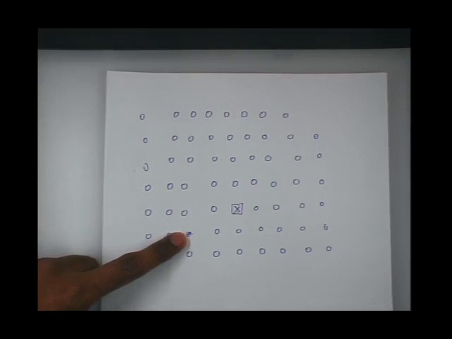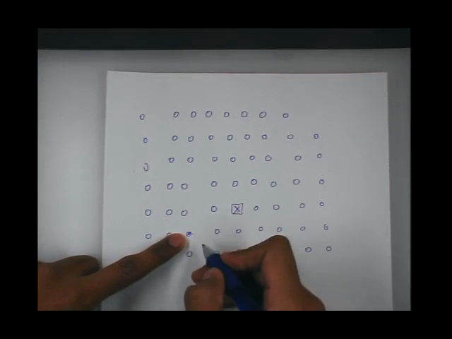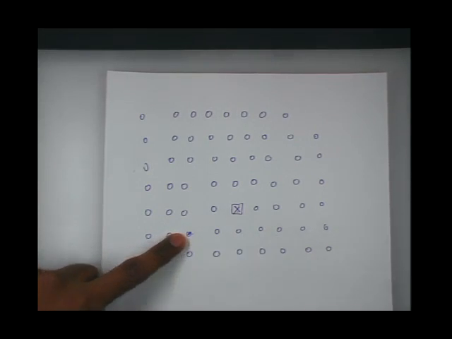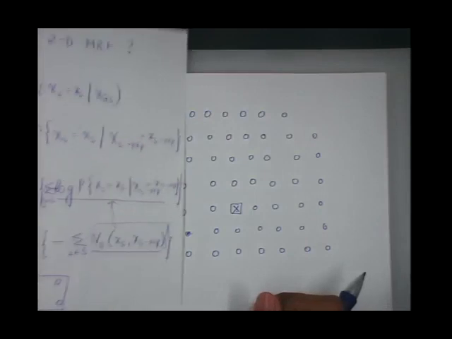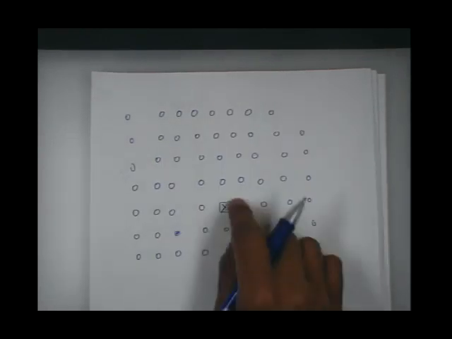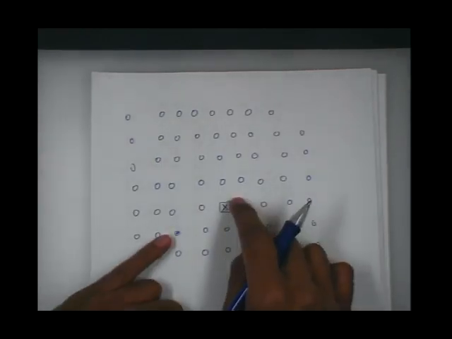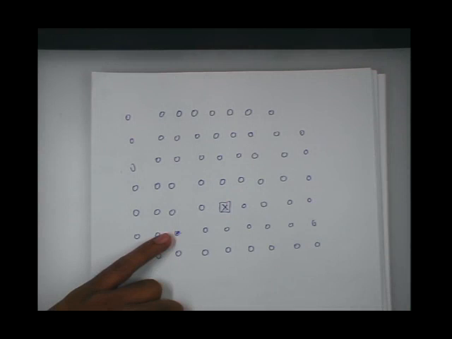No, because it depends on how you define your clique system. The cliques are defined this way. So the main question I'm asking is, given the system of cliques, how do you know which are the neighbors of a given center pixel? As you defined there, you can't be in the following row.